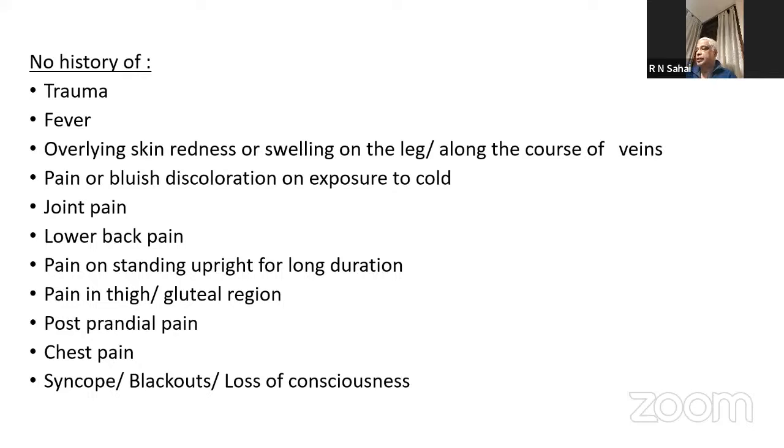Good history, Dr. Polak. You said this is a peripheral vascular disease, probably due to atherosclerosis, right? Yes, sir.